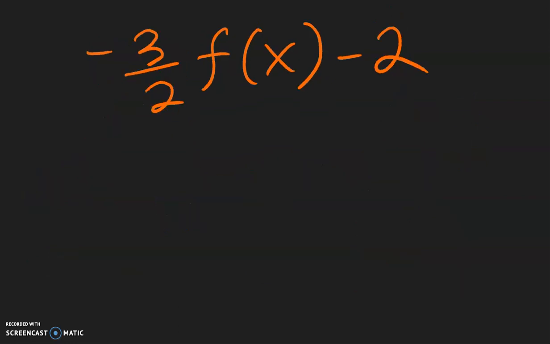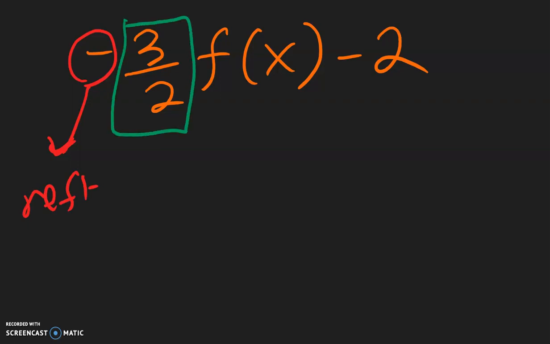For this example, this negative sign tells you that it will be a reflection over the y-axis. This 3/2, because 3 divided by 2 is bigger than 1, this will be a stretch. And then let's look at the point. Inside we don't have x plus or minus anything, so the x coordinate is going to be 0.